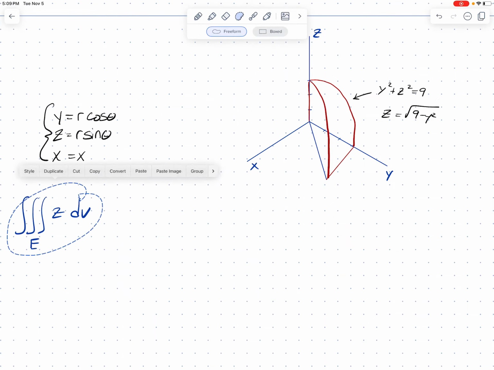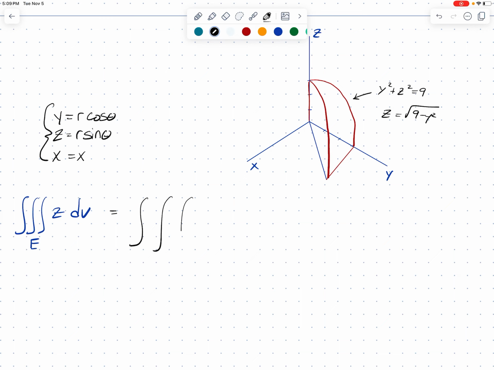When we do that, let's see if we can set this thing up now. First off, I'm going to integrate this thing in the order dx, dr, d theta. Z is r sine theta. I have to kick out the other r, so I get an r squared sine theta. What is happening with my x bounds?